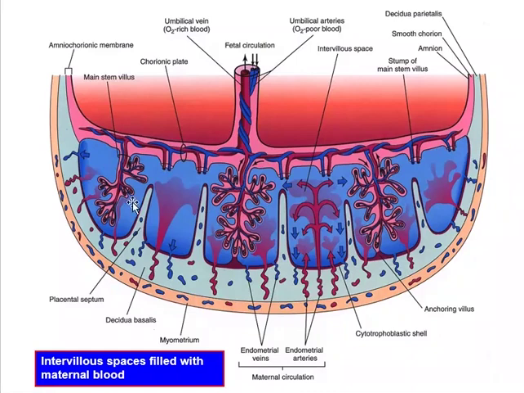So the exchange occurs in that area of villi and surrounding sinusoids filled with maternal blood.